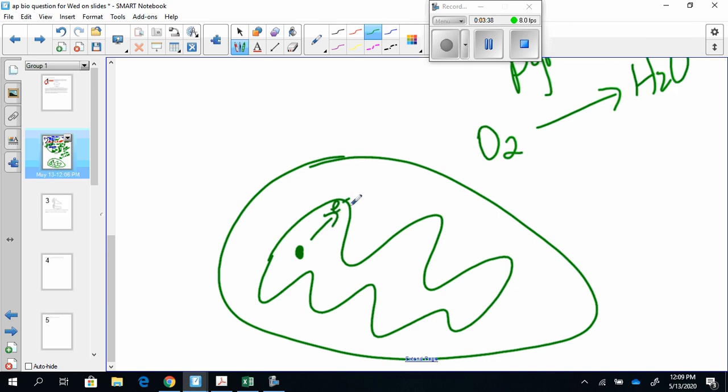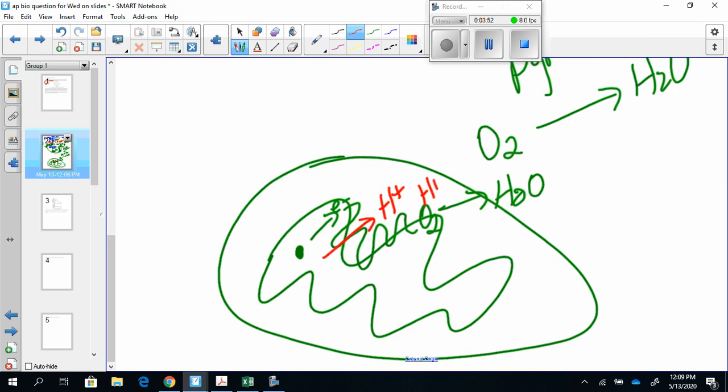Its electrons go through the chain till eventually they make it to oxygen, which will make water. But in that process, it also pumps H pluses into the outer compartment and builds up a nice proton gradient here. And then the proton gradient is used to shuttle the H pluses back through and make a massive amount of ATP. All right, so a little bit of a review of what's going on in terms of NADH, where it's made and what it's used for.